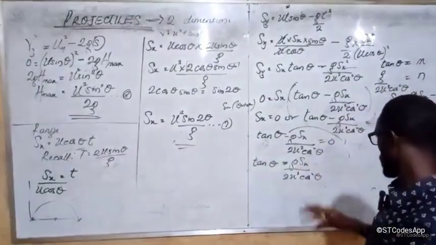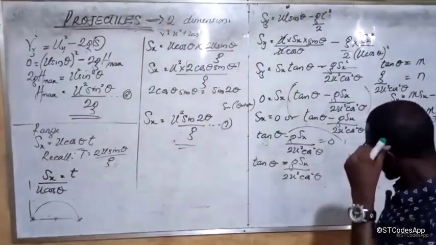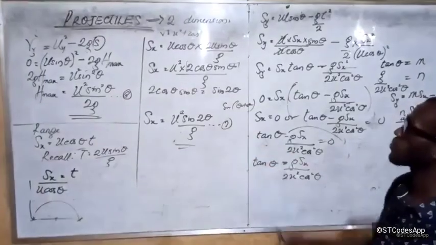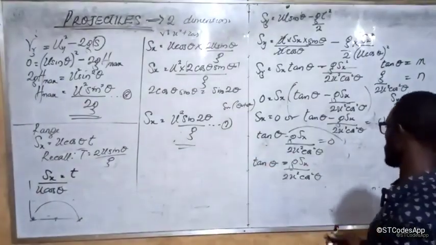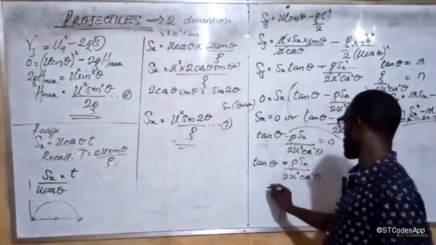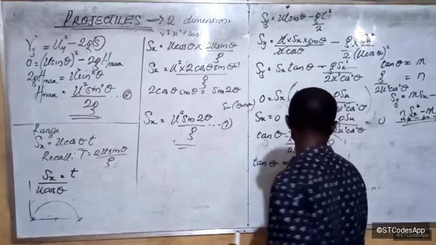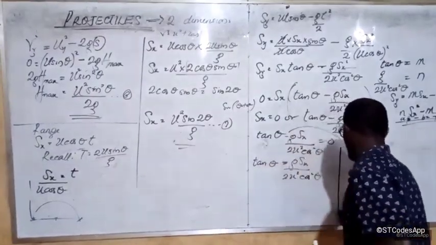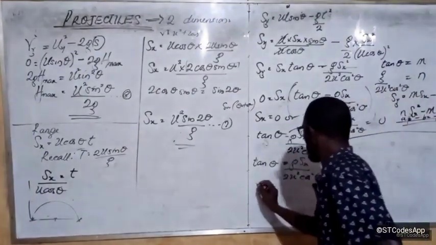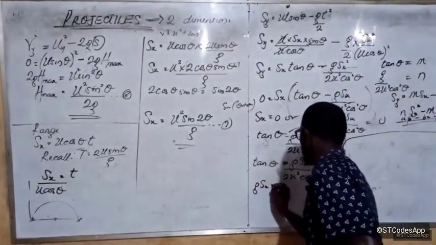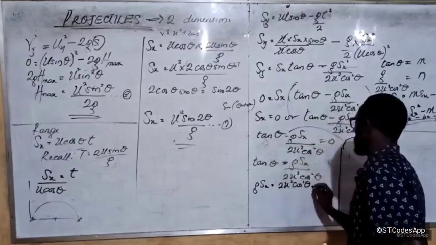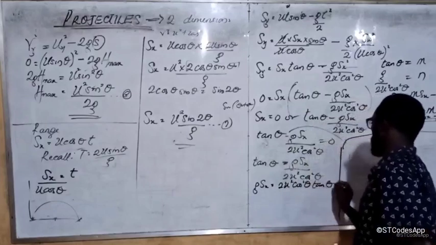All right. So with this we can go on further to derive the equation of range, maximum range, from here again, because S of x is what we have here. If we cross multiply, we have g S of x is equal to 2u squared cos squared theta tan theta.